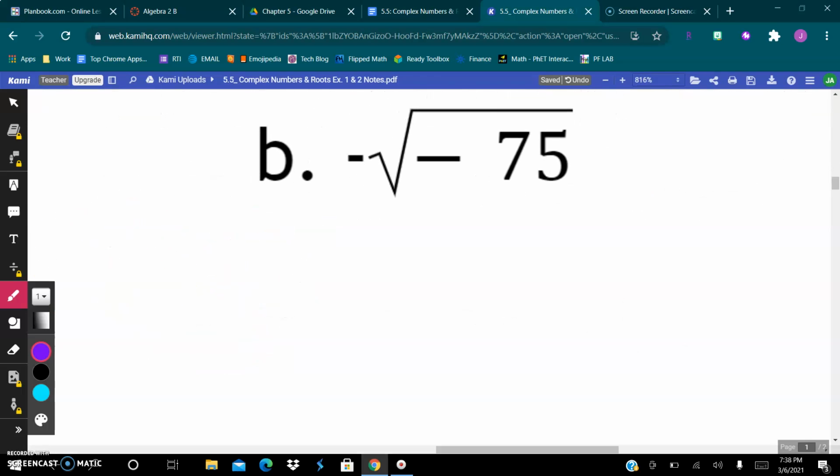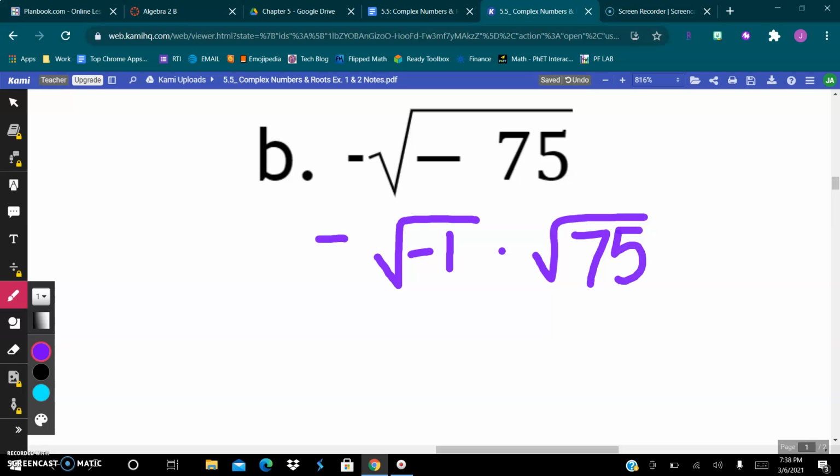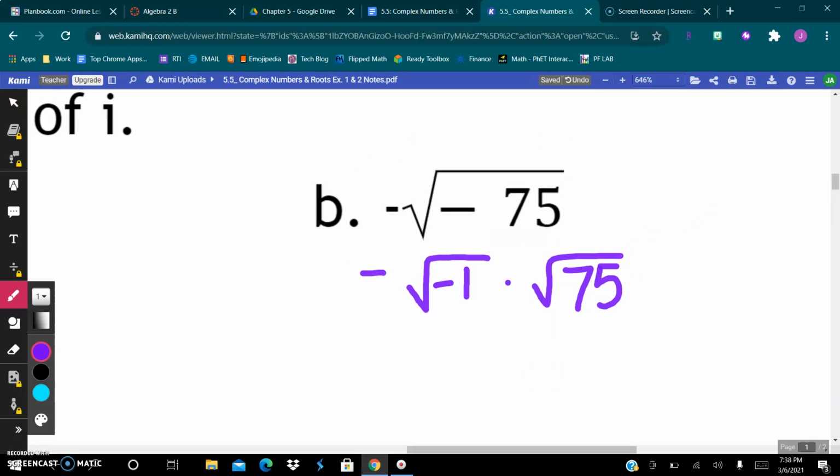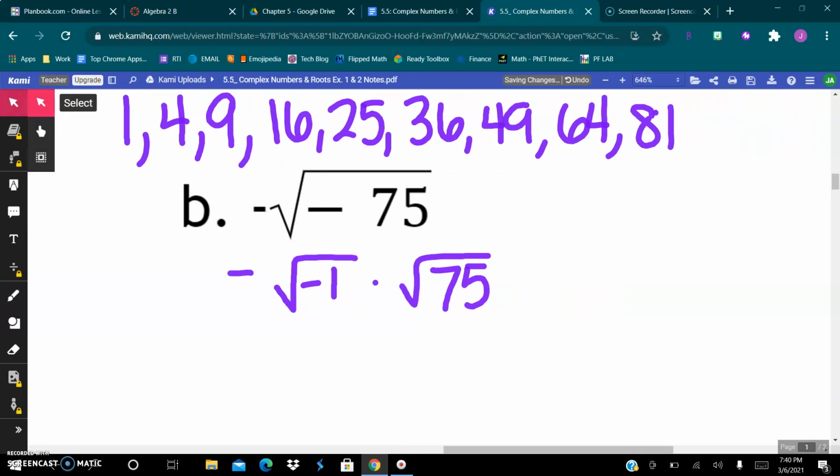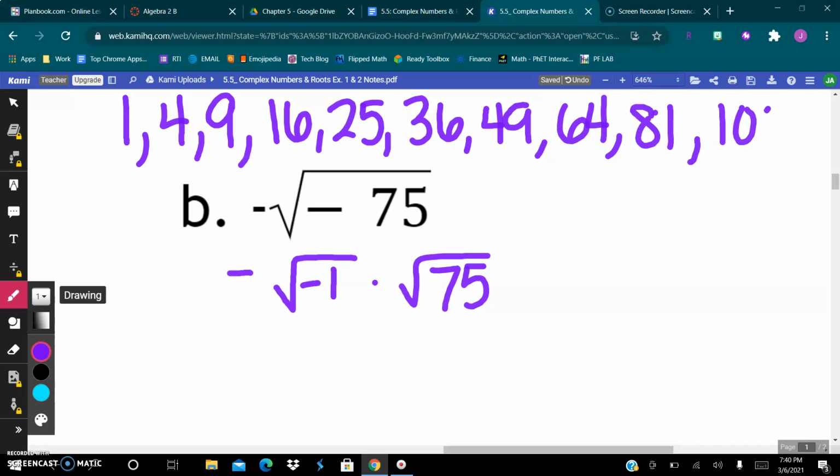And then over here for B, we have a negative sign out front, so we can't do anything with that. Then we have a negative sign underneath the radical, so that would be the square root of negative 1 times the square root of 75. Now we need to break that down. We are going to use perfect squares, and the list of perfect square numbers is 1, 4, 9, 16, 25, 36, 49, 64, 81, and 100.